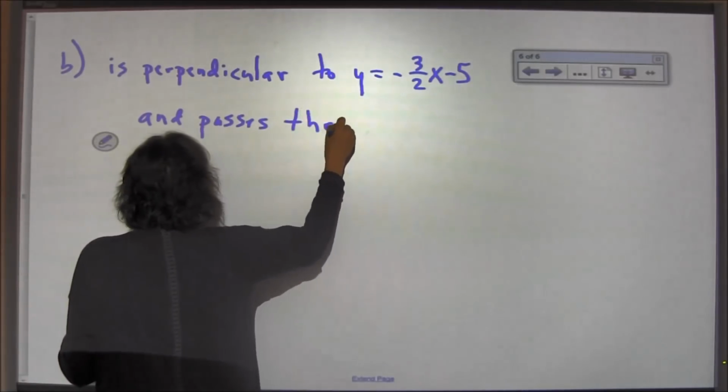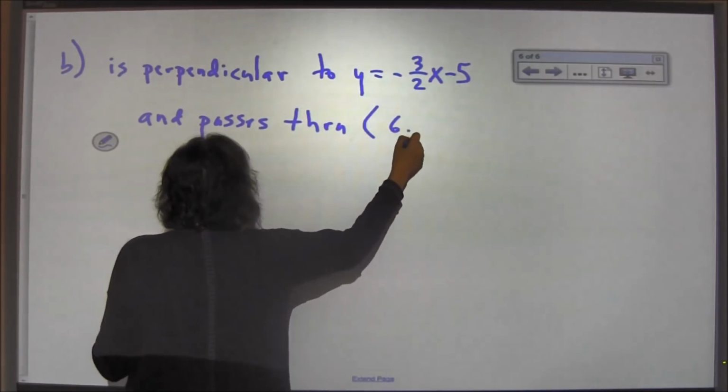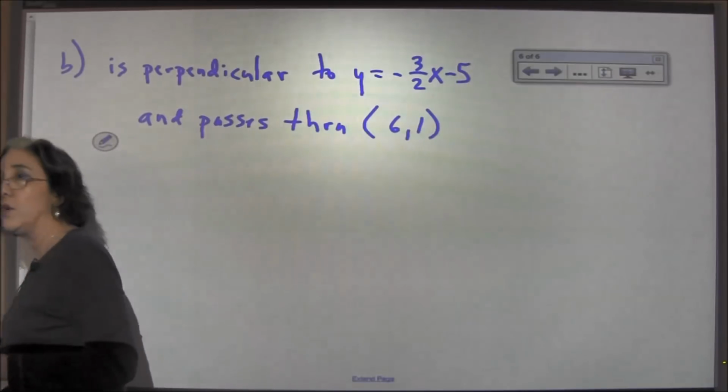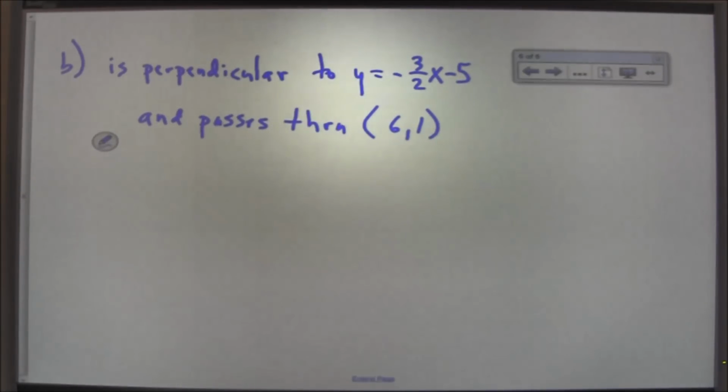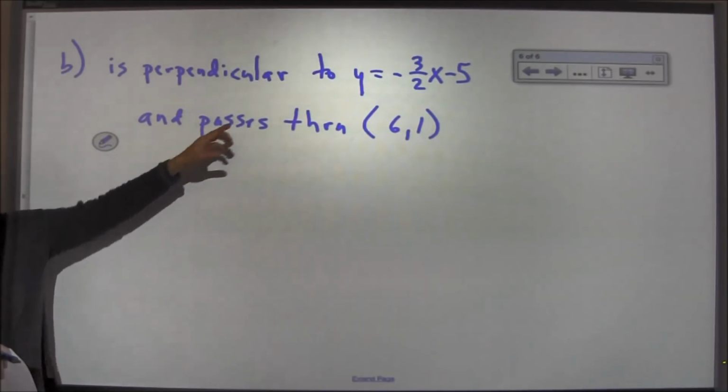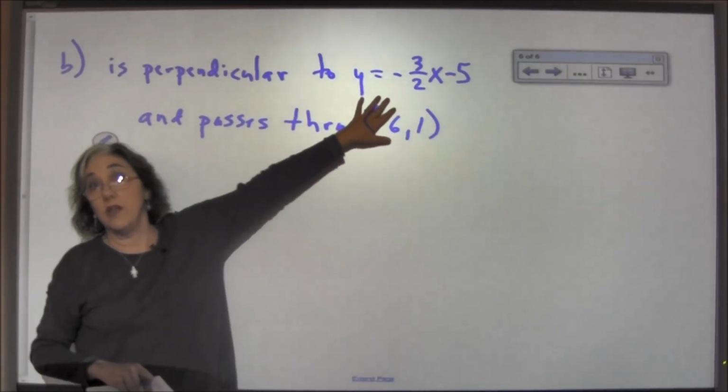Is anybody confused about what the directions are telling us on this one? Sometimes I feel like people aren't quite sure what they're asked to find. We're finding the equation of a line that is perpendicular to this line.